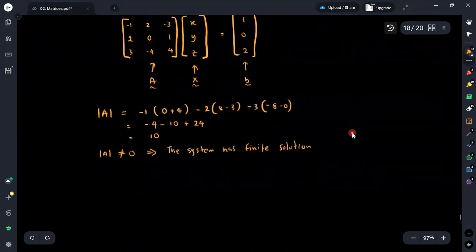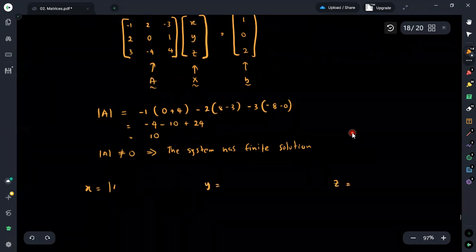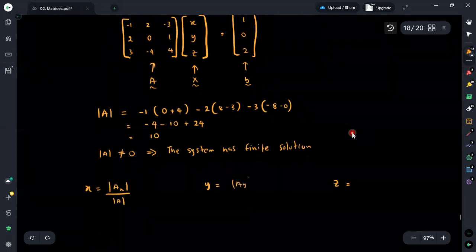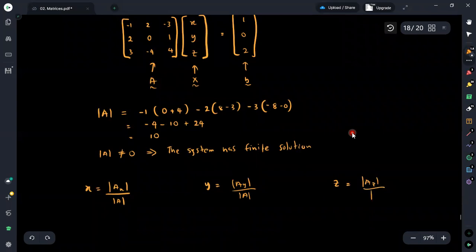Therefore, we need to identify the values for x, y, and z respectively. To get the value for x, we take Ax over the determinant of A, then Ay over the determinant of A, then Az over the determinant of A. Now we need to identify what this Ax actually is.